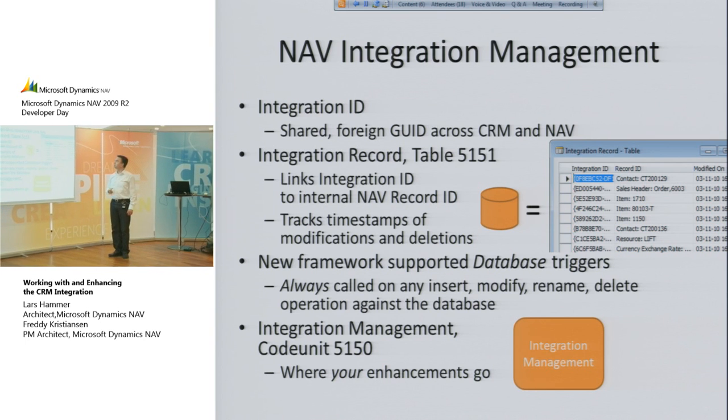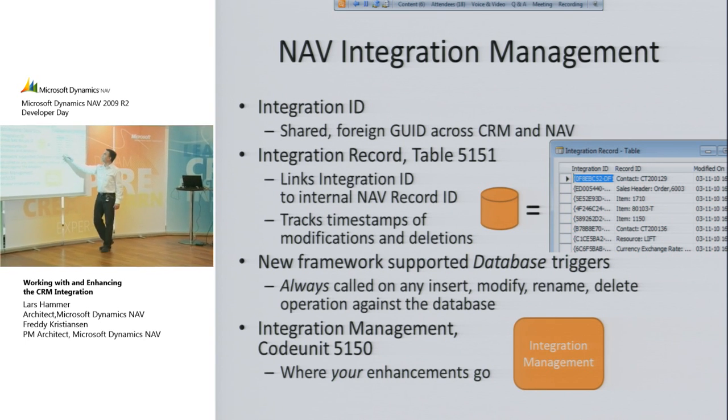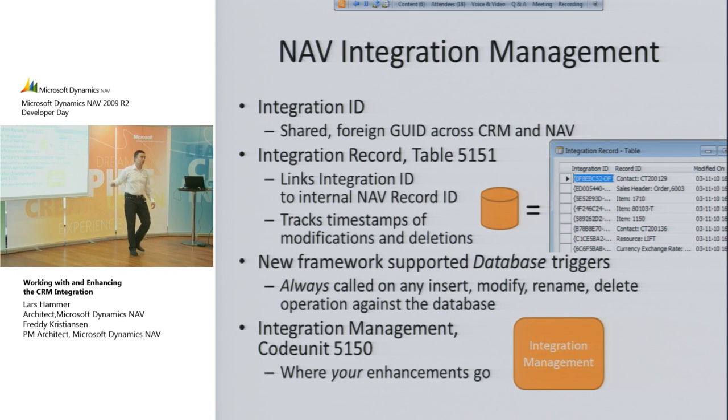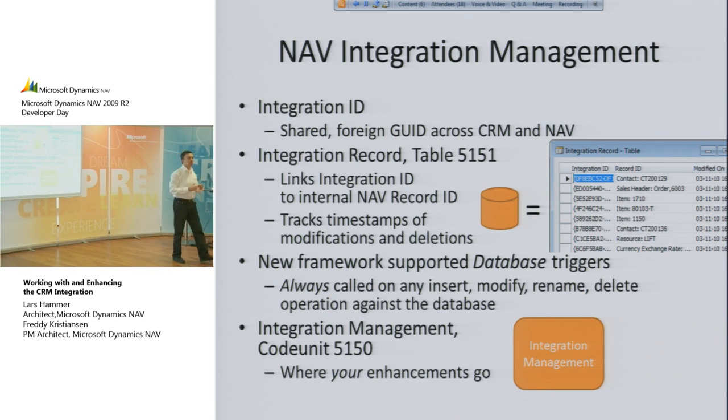Inside of NAV, we keep track of the link between an integration ID and a NAV record. I don't know how well this reads, but we've got a table with integration IDs and the actual record ID inside of NAV.